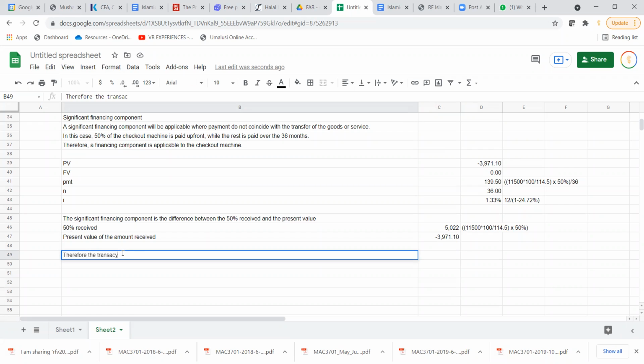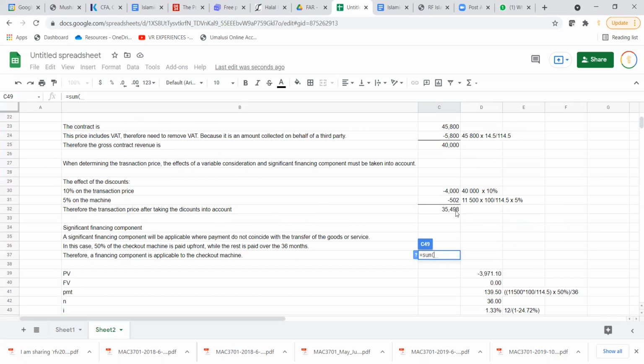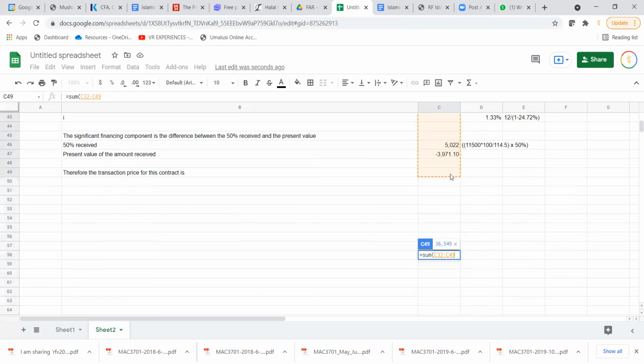So the transaction price for this contract is 36,000 Rand.